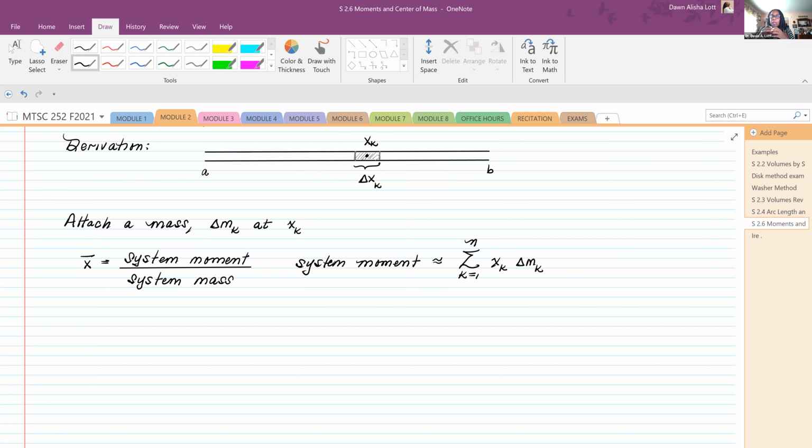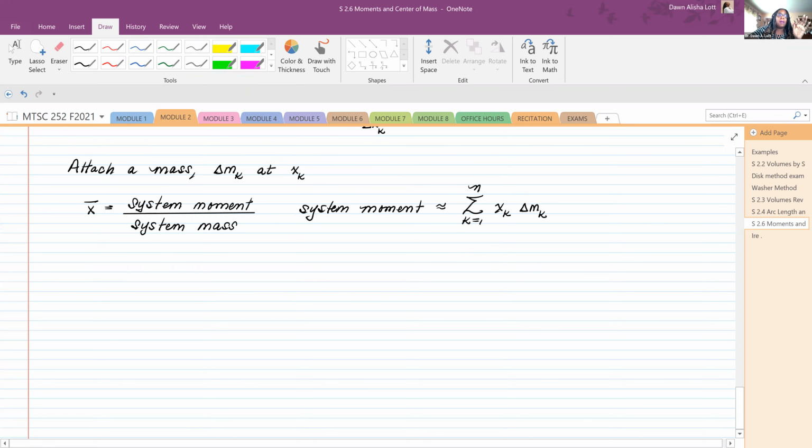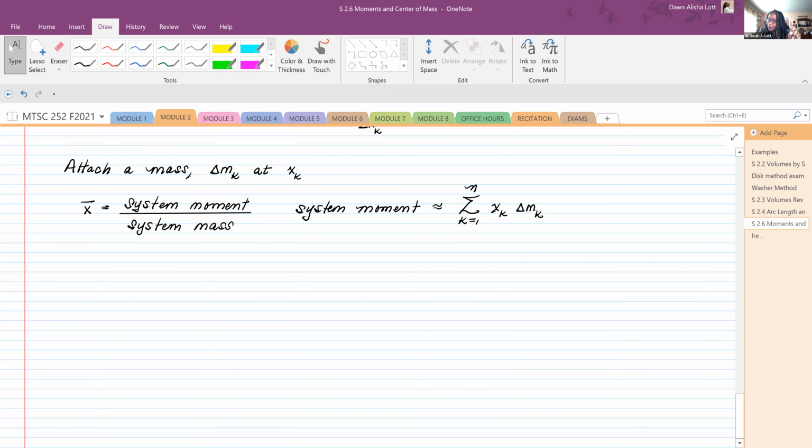You can still think of it now. We don't have children sitting on something, but we're thinking of a mass of whatever this wire is, and it may not have the same density all the way through. So the mass will be different. Now, density is mass per unit volume, but we're in one dimension.